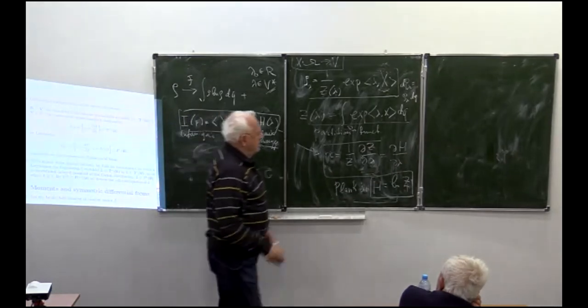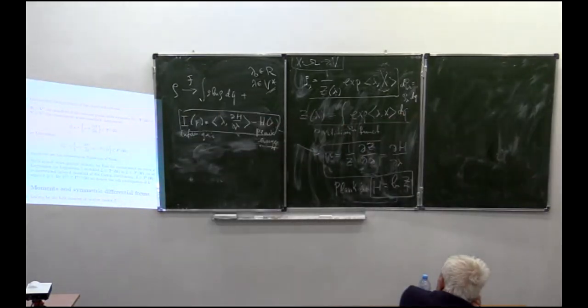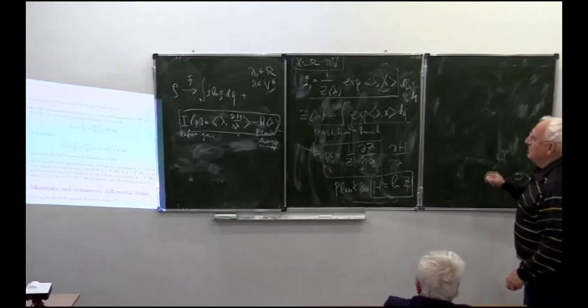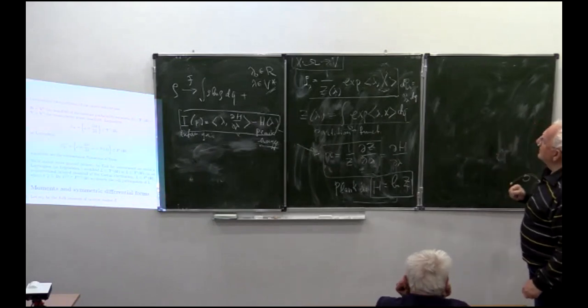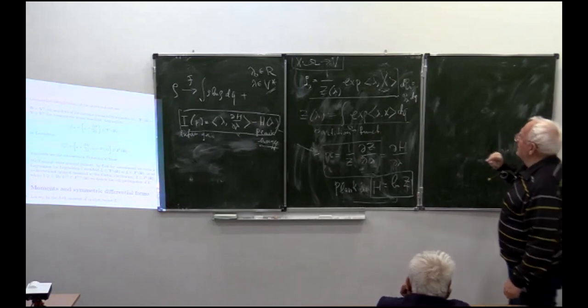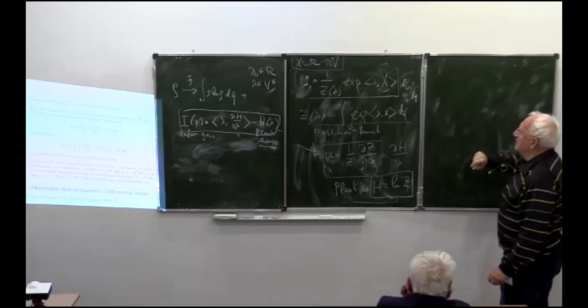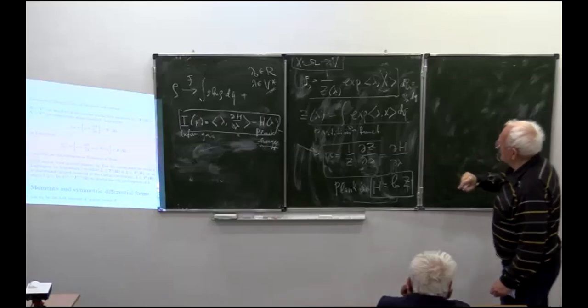Okay, thank you. So now I will go to first class at school and try to remember what we know from probability theory. First I will try to satisfy Volodya's desire.